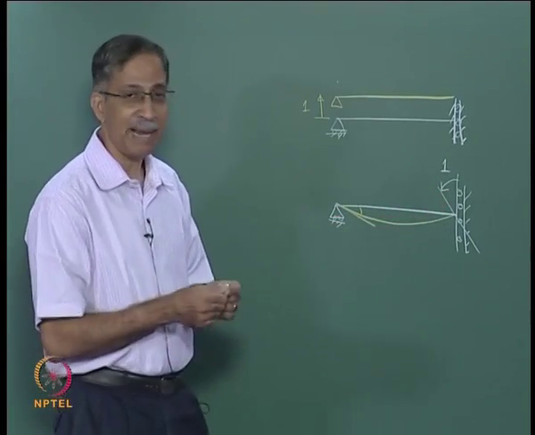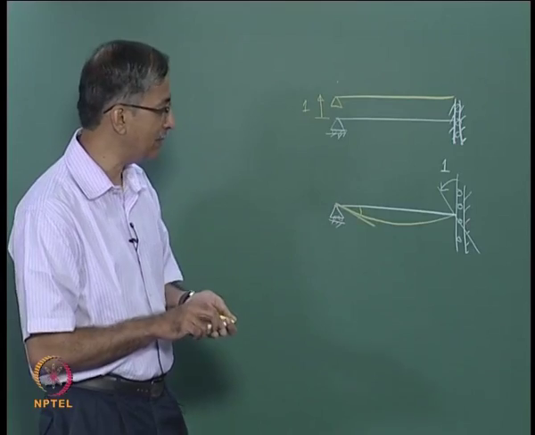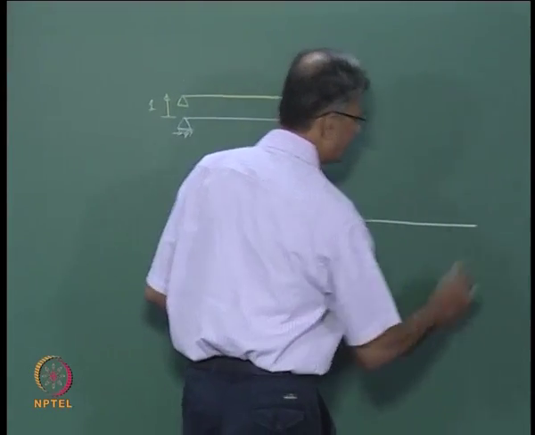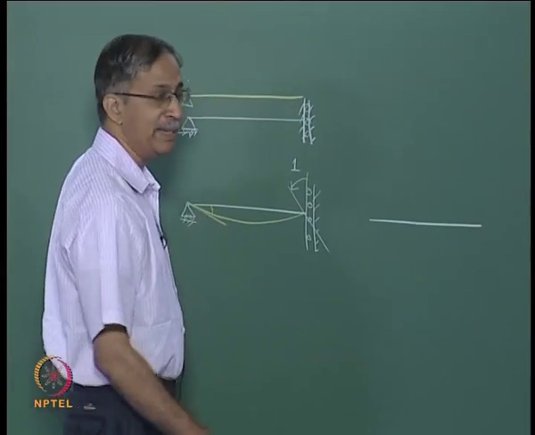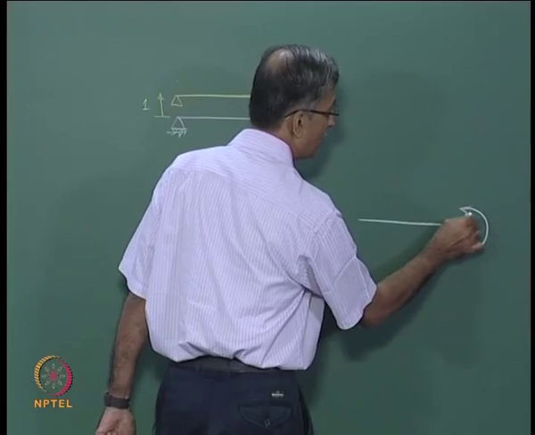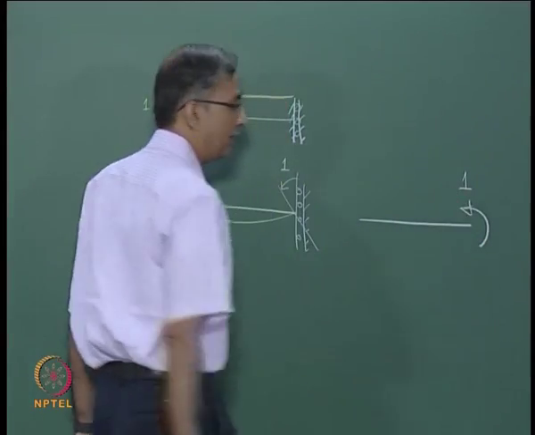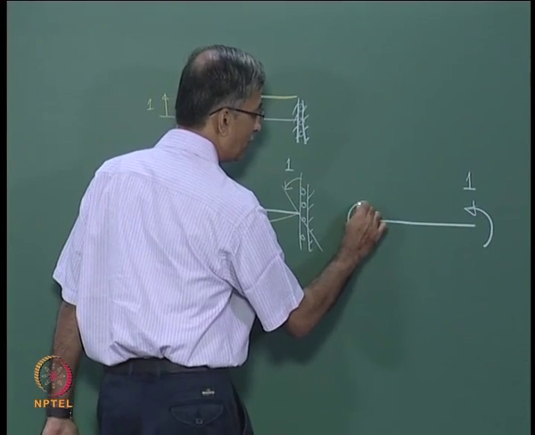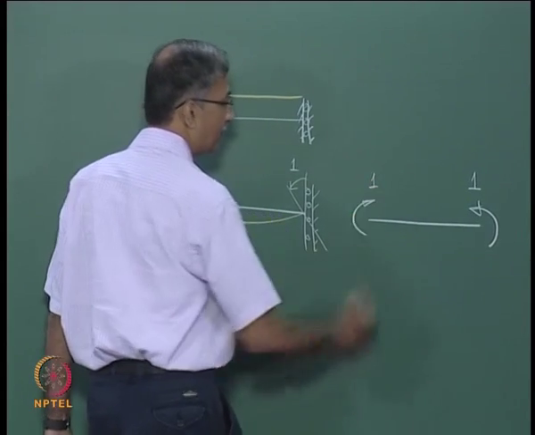So let us take some help from the contra gradient principle and let us see what happens if in a beam element to satisfy equilibrium you have a unit moment acting here. To satisfy equilibrium you also need an equal and opposite moment acting here, 1.